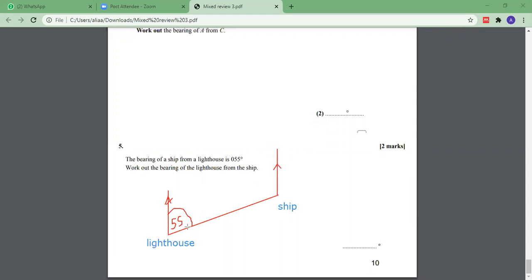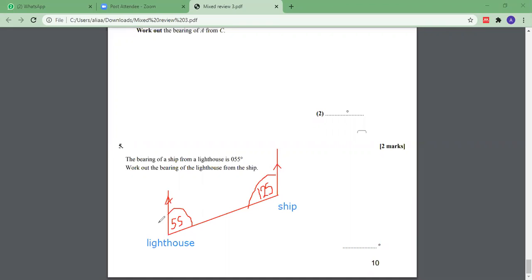So I have the angle here is 55. So the other angle here is going to be 180 minus 55, which will be 125. Okay, it's co-interior as in the previous example.